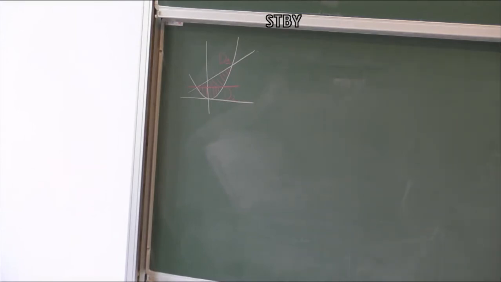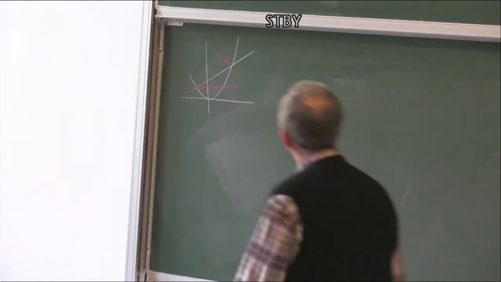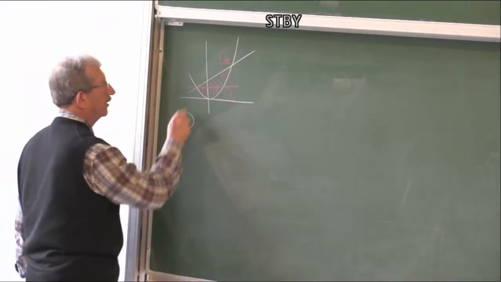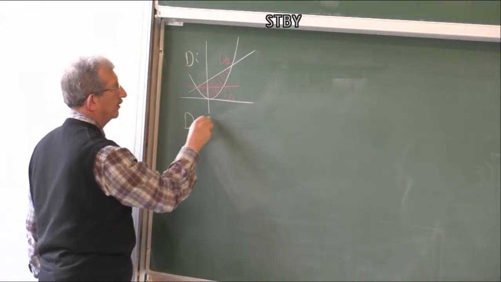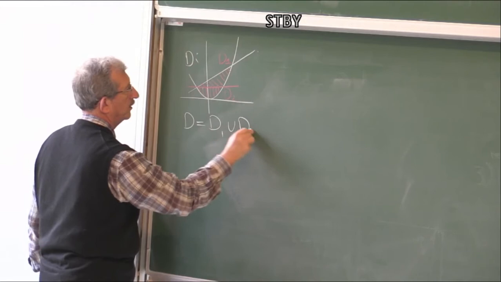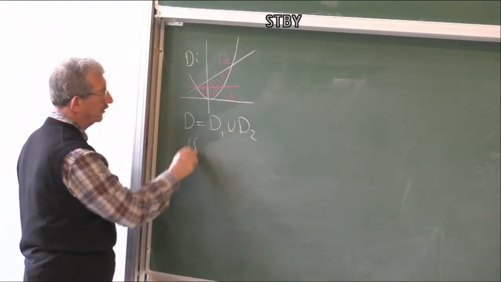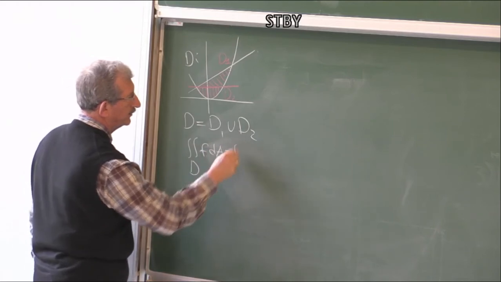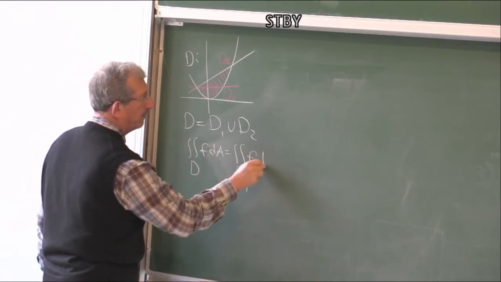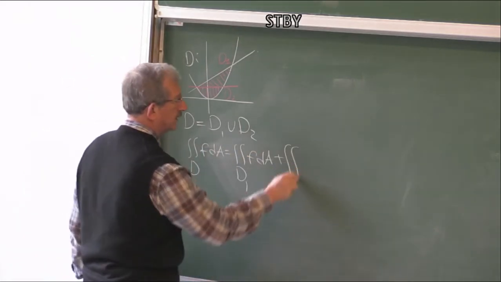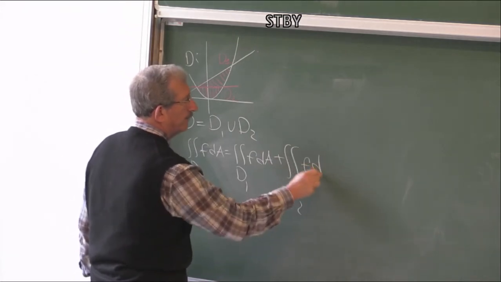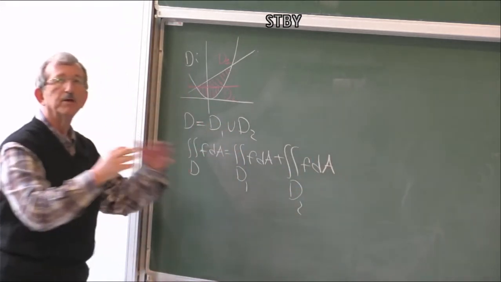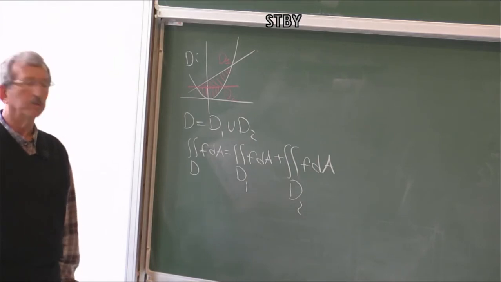Now, clearly, D is a union of D1 and D2. And so, the integral over D of f dA is the integral over D1 of f dA plus the integral over D2 of f dA, from the property of the double integral.